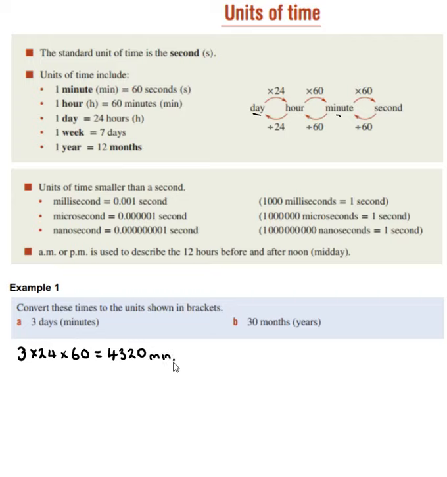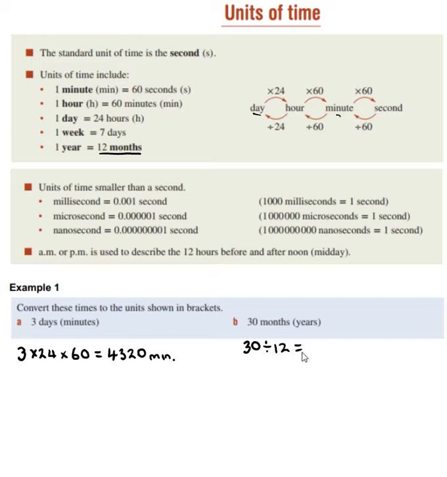Second question, 3 months. How many years is 3 months? Okay, so we look at months. Well, we don't have months on here, do we? We don't have years, so we're not going to be able to use these, but if we can convert, we would do like this. We know, of course, there are 12 months in 1 year. So we're going to do 30 divided by 12.